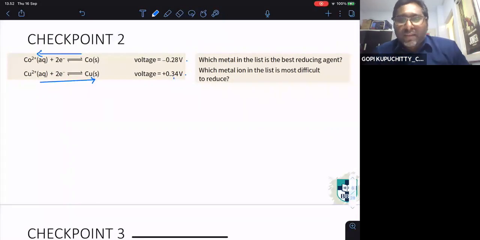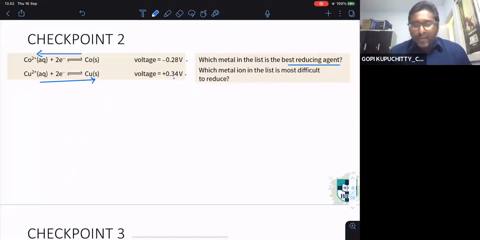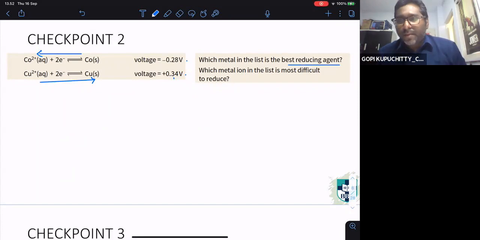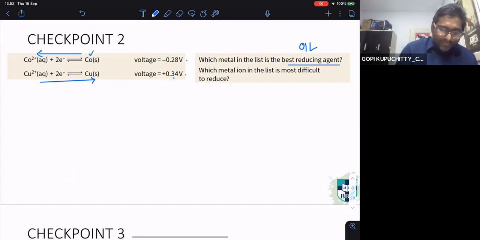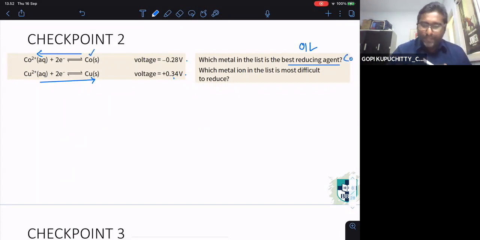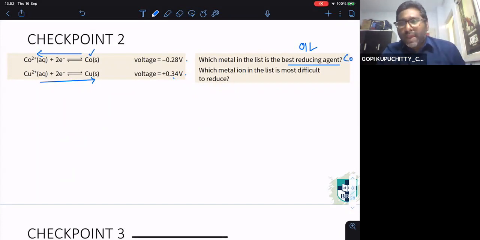Which metal in this list is the best reducing agent? What is this? Reducing agent is something that will reduce others, but they themselves will get oxidized. What is oxidized? Oxidized is loss of electron. Which metal will lose electron easily? This one. You can see the arrow.